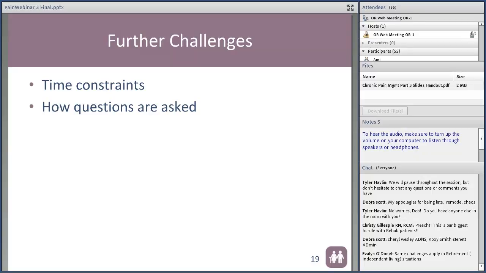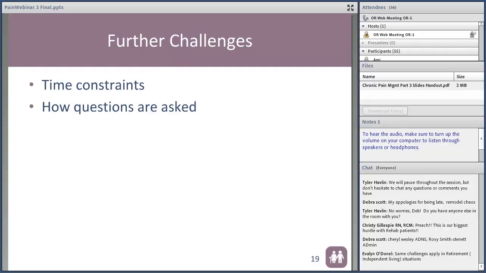What I'm going to talk a little bit about is when we really need to start talking about pain. We do our assessments on admission. I'm sure everybody's initial nursing assessment includes questions regarding pain.